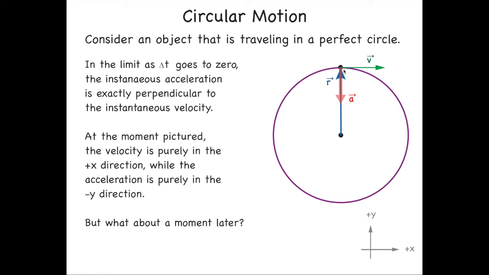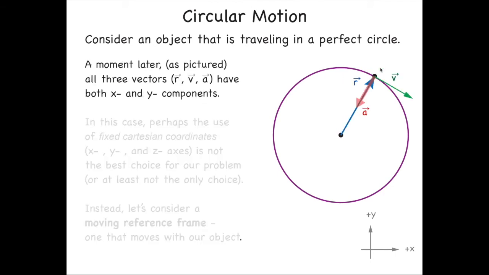We've chosen a particular point, 12 o'clock on the clock face, where the acceleration is straight down and the velocity is straight to the right, but a moment later, since it's moving in a circle, it would no longer be in such a nice condition. At that moment, all three vectors, the vector that points to where the particle is, the instantaneous velocity vector, and the instantaneous acceleration vector, all have both an x component and a y component.